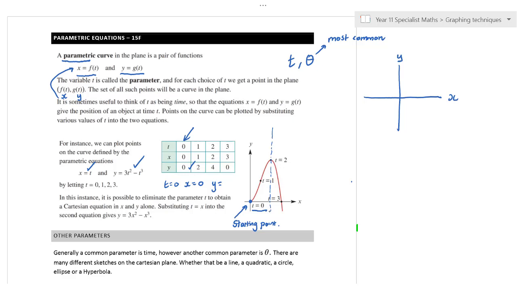To do this, you could do a table of values, which helps. When t equals 1, x equals 1 and y equals 2. When t equals 2, x equals 2 and y equals 4, and it seems to hit a maximum there. When t equals 3, x equals 3 and y equals 0, so it goes down there.